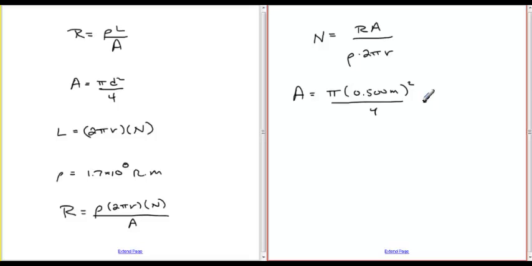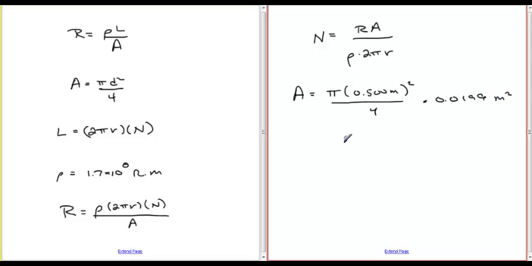Let me just check and make sure I wrote that down right from the problem statement. 0.5 millimeters diameter. Okay.